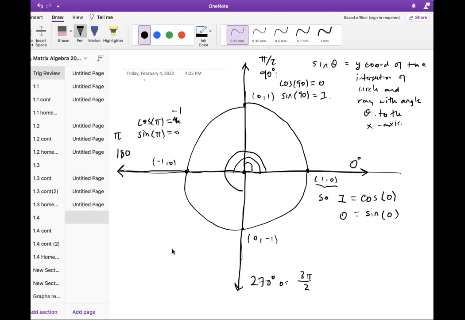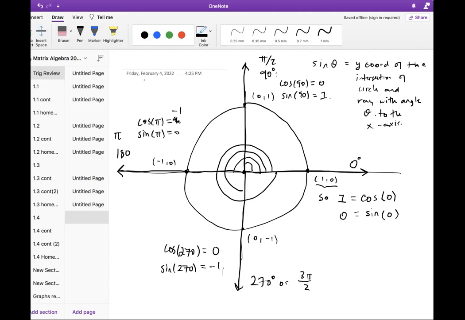So this tells us that cosine of 270 is equal to 0, because I'm looking at the x value. And sine of 270 is equal to the y value of -1. And again, I look at the ray with angle 360, and I'm back to 0.